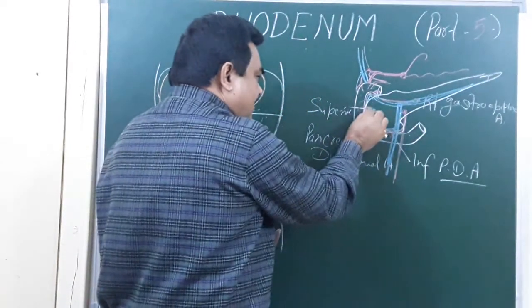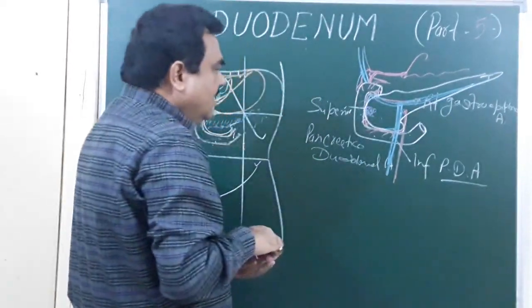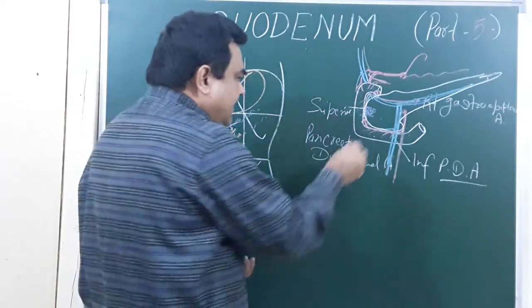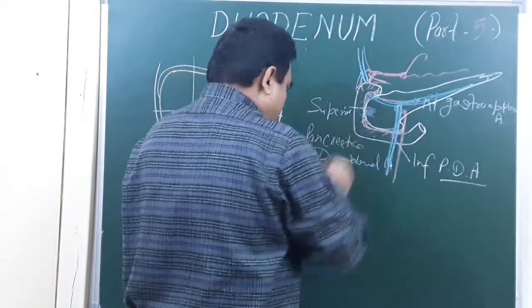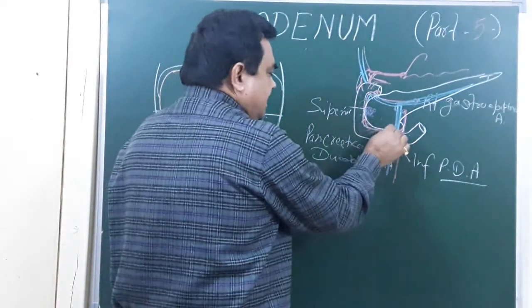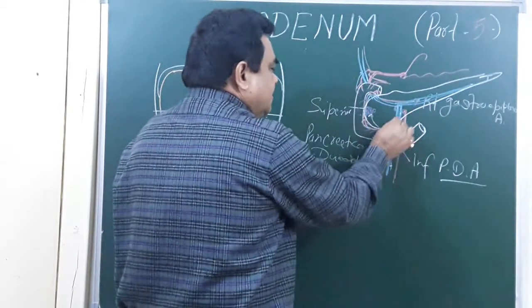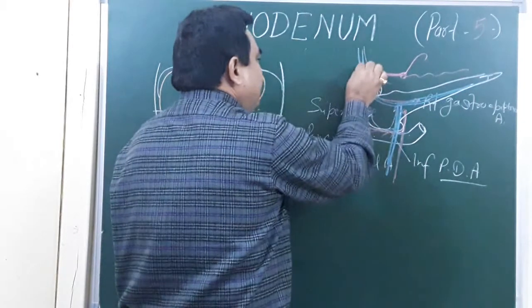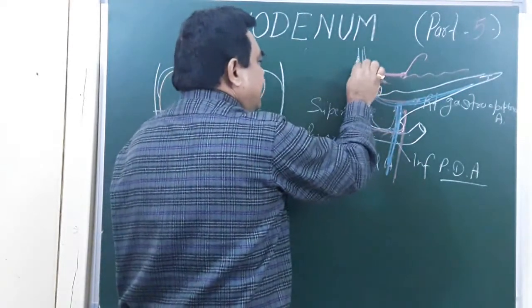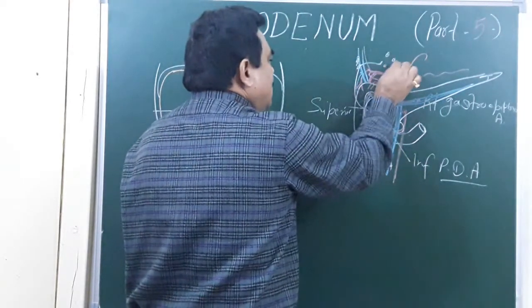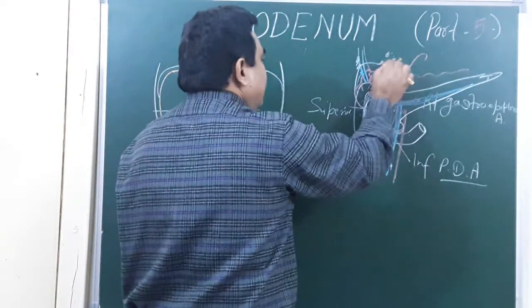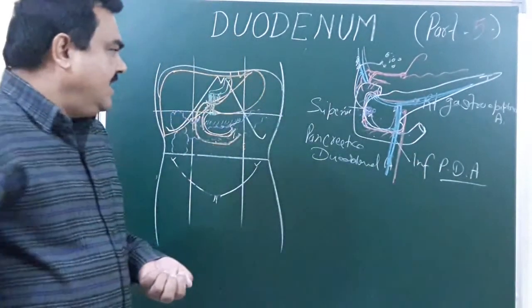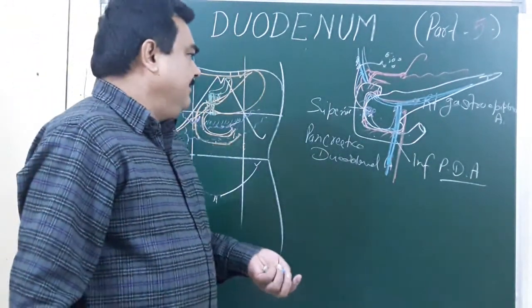Here is the position of the pancreaticoduodenal group of lymph nodes, and here is the superior mesenteric group of lymph nodes. So lymphatics of this initially go into this and also into the superior mesenteric group. From here it goes into the hepatic group of lymph nodes. From hepatic it goes into the celiac group of lymph nodes. This is the lymphatic drainage of the duodenum.